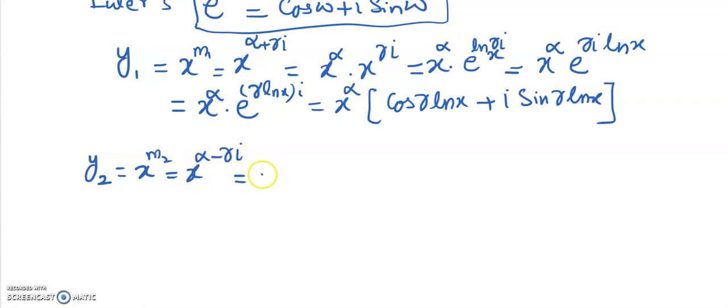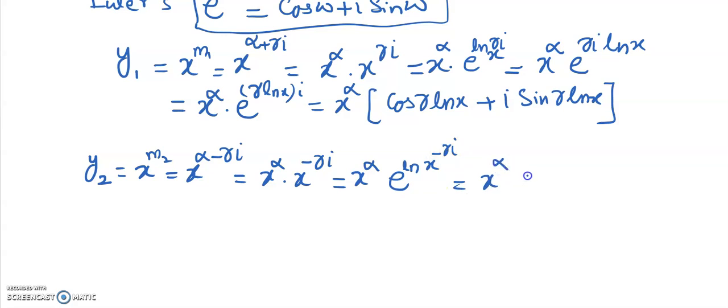That is x to the power alpha into x to the power minus gamma i, so it will be x to the power alpha into e to the power minus gamma i log of x.